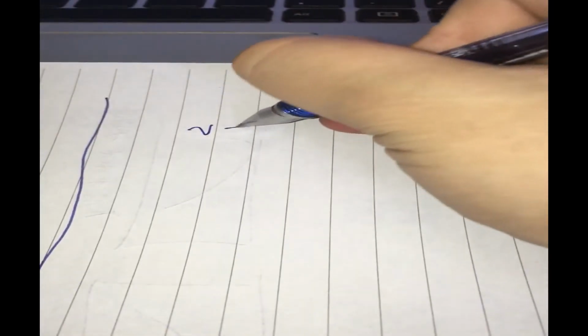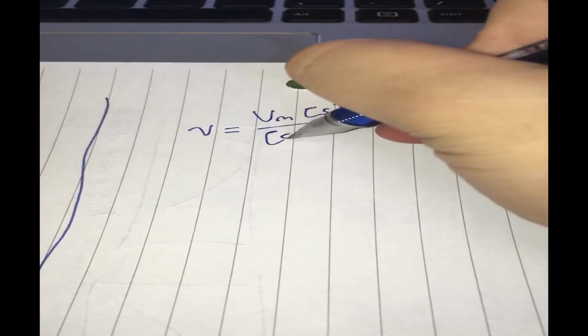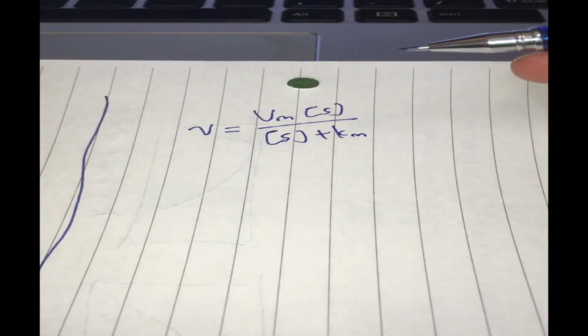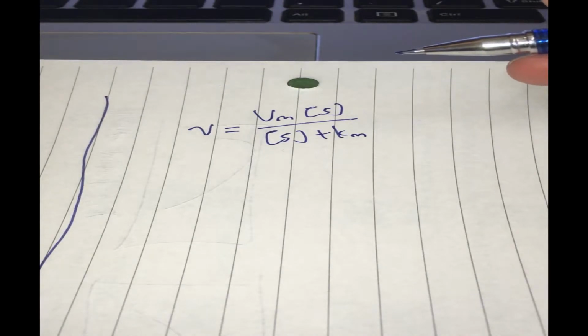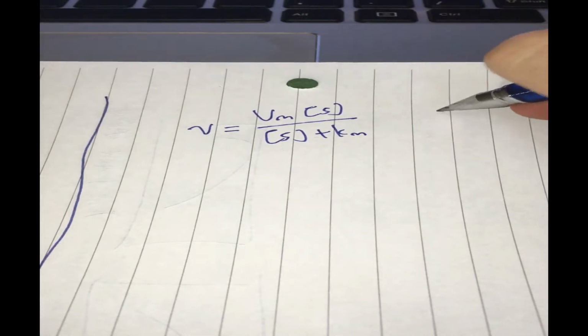So the other way is this. You have v equals vm times s over s plus km, and let's say we want to collect our s together.